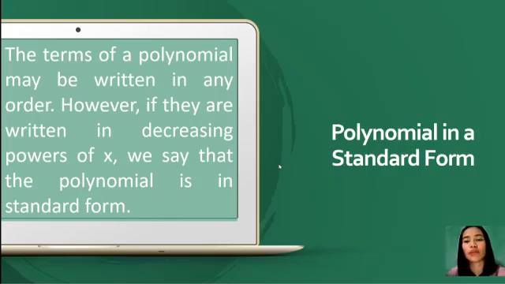If and only if the polynomial function is already written in standard form, we have an ease in identifying those things. Again, the first thing to do is to write the given polynomial function in standard form to have an ease in identifying the leading term, the leading coefficient, and the highest exponent as your degree.